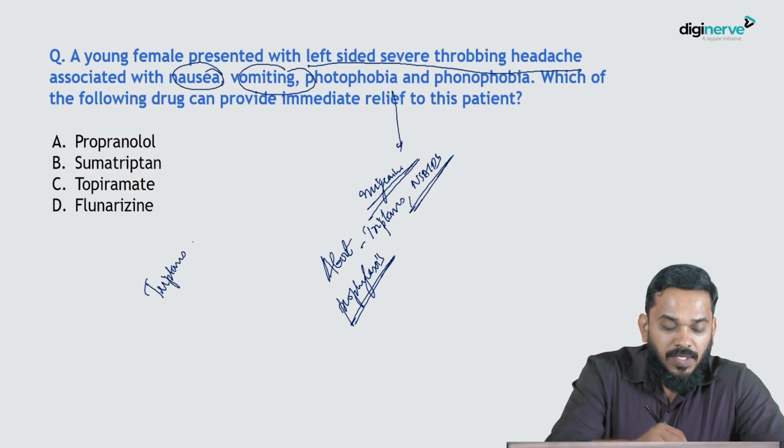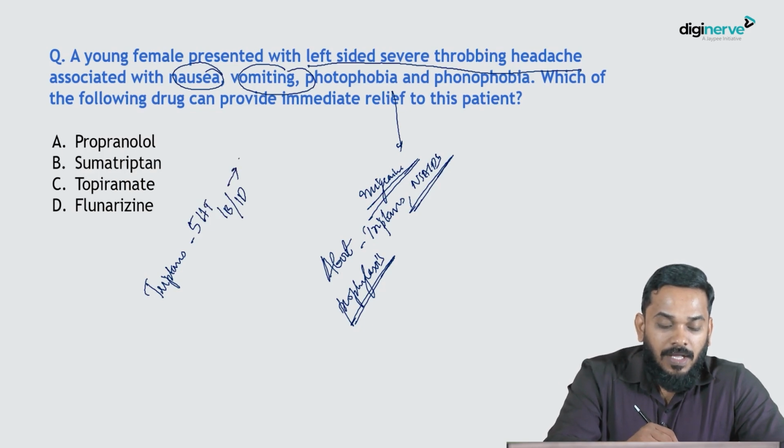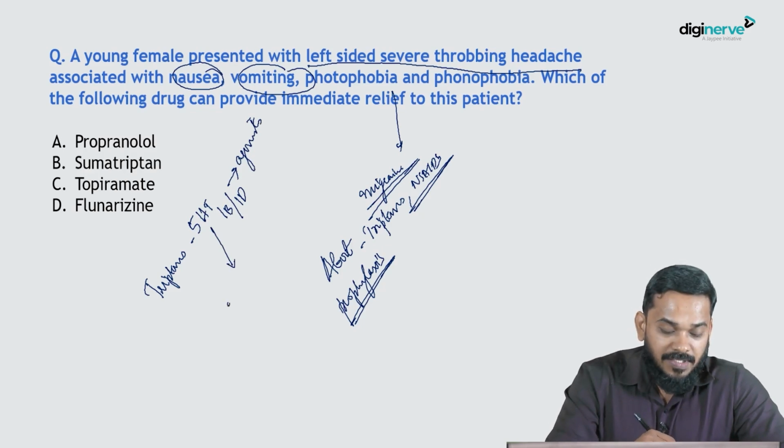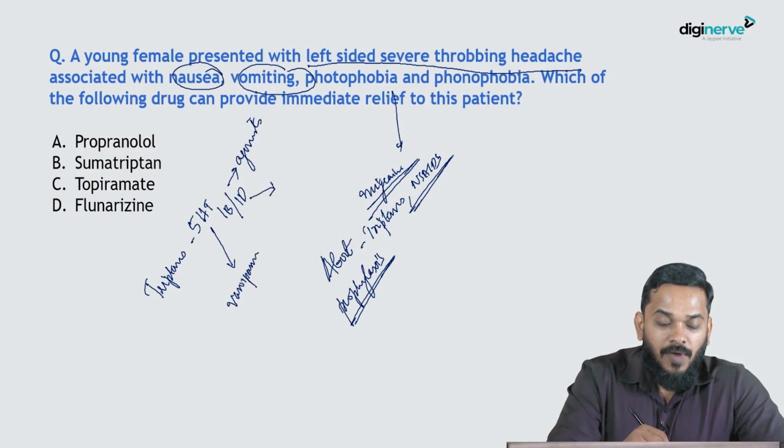Triptans act on 5-HT 1B and 1D receptors, and they are agonists at these receptors. Agonism at 5-HT 1B receptors will cause vasospasm, and 5-HT 1D receptor will reduce the neurotransmitter release from trigeminal neuron.